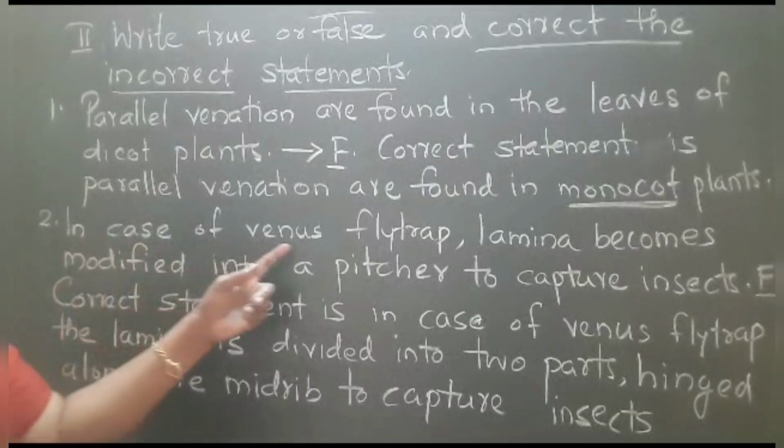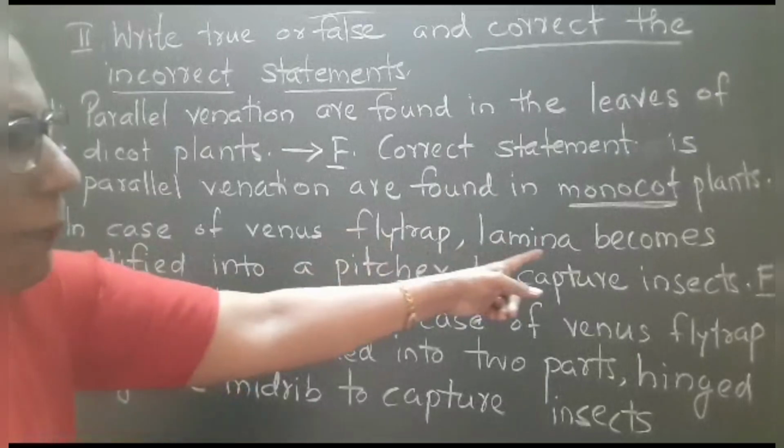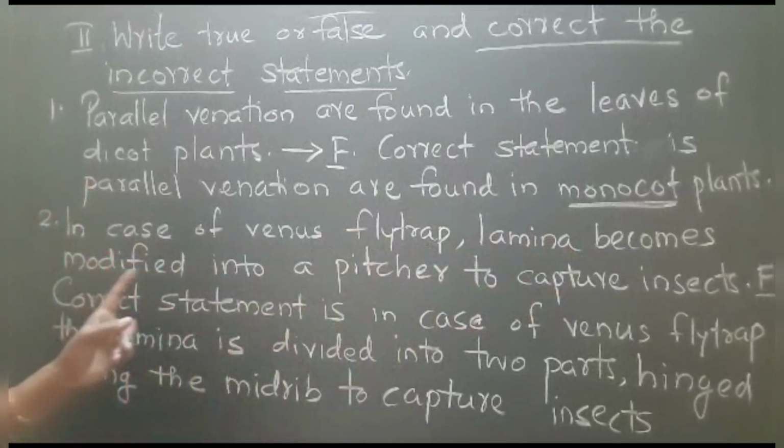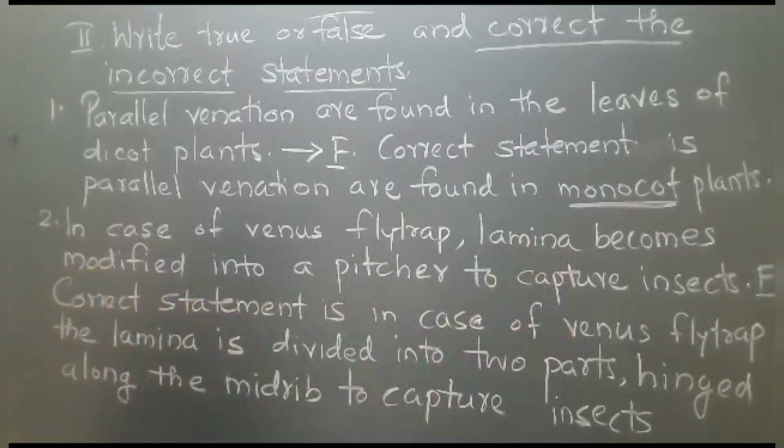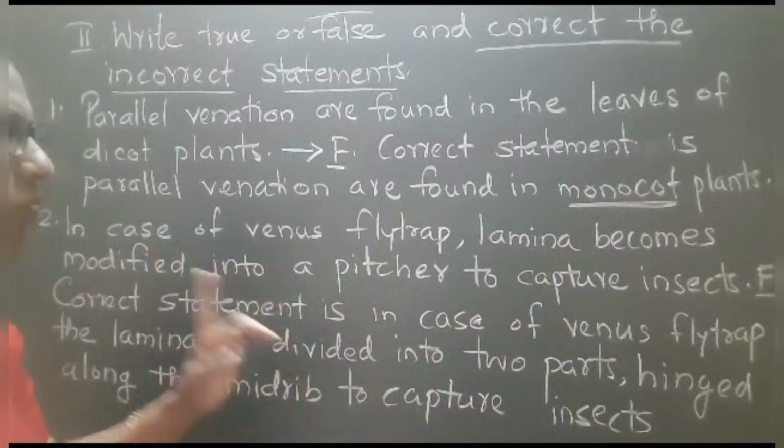Then, next, number 2. In case of Venus flytrap, lamina becomes modified into a pitcher to capture insects. This is the second statement, which is also false.